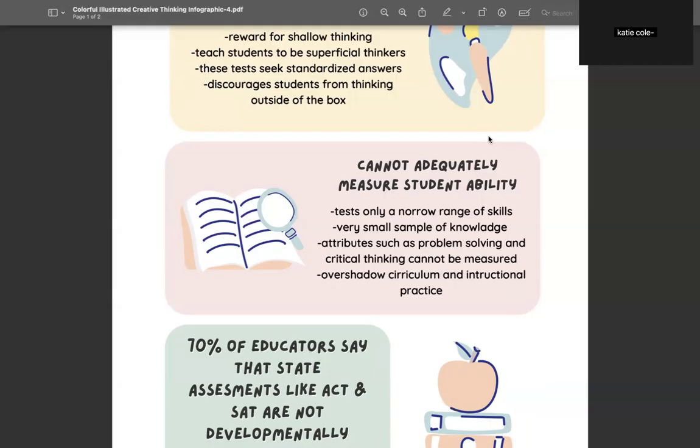So, attributes such as problem solving and critical thinking cannot be measured by these tests effectively. And they can often overshadow curriculum and instructional practice. Because of these reasons, these tests can misrepresent a student's overall academic performance and potential for future success.